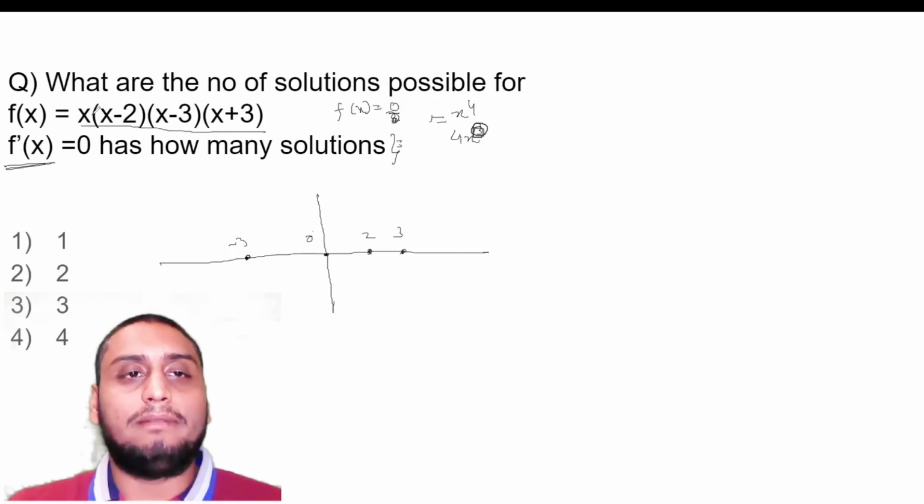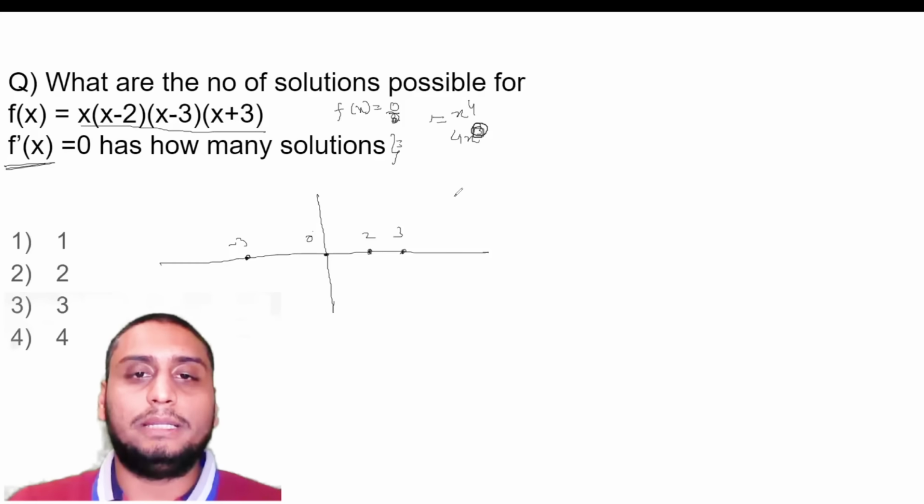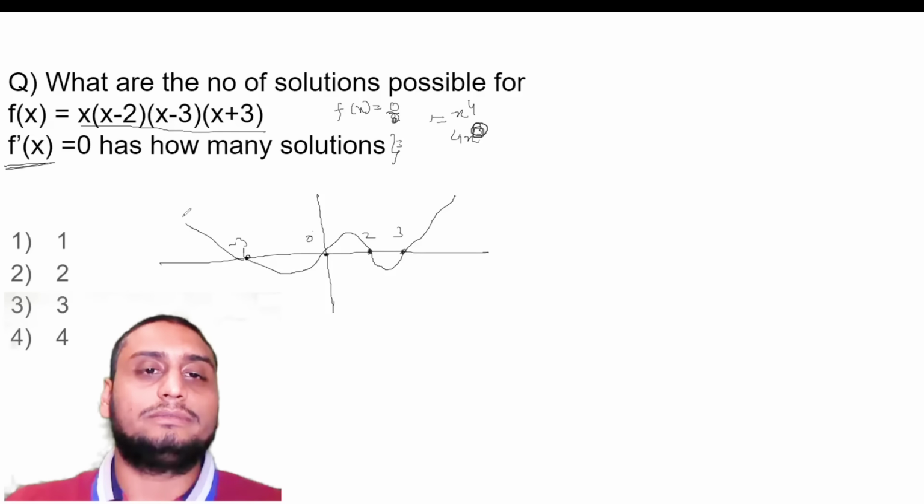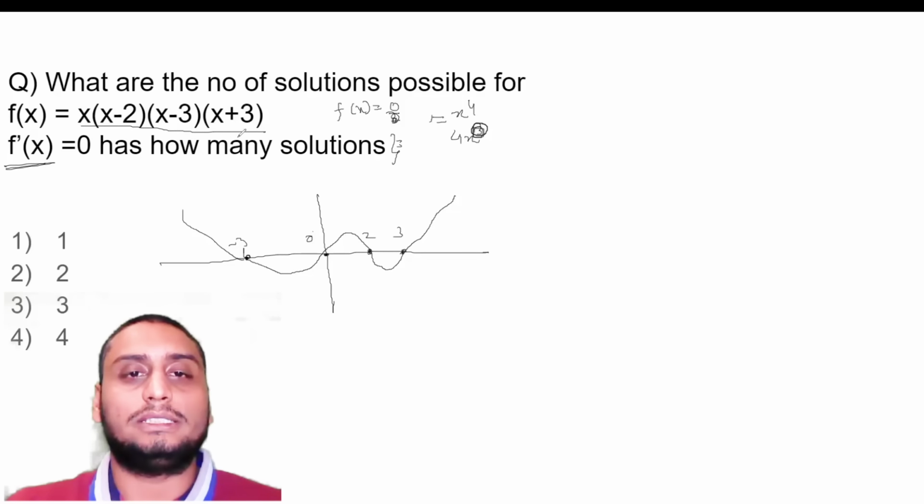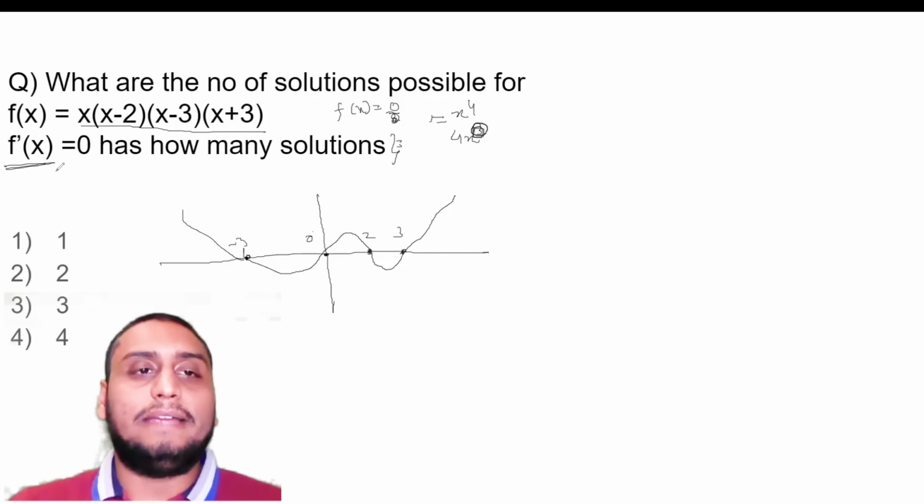Now, because the power of x would be positive, x into x, x squared into x, x cubed, that does not matter, but the power of x would be 4. This would be in the positive direction. Now you can build a wavy curve, which would always be like this if the solutions are distinct. So you know all the solutions are distinct. f'(x) = 0 means the slope is 0.